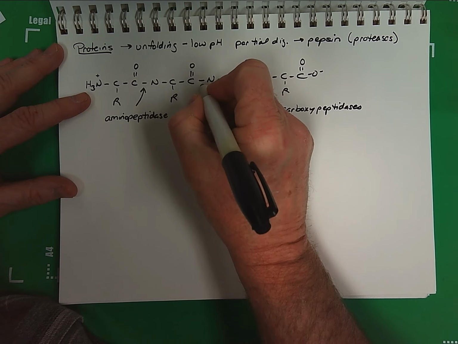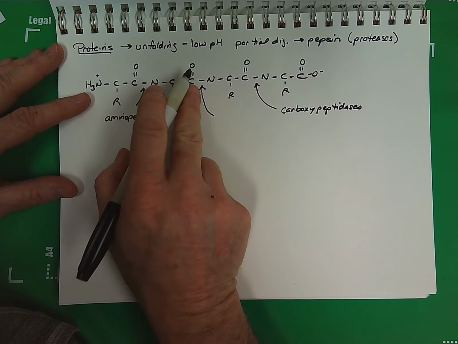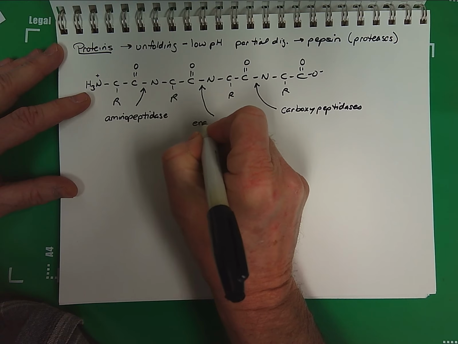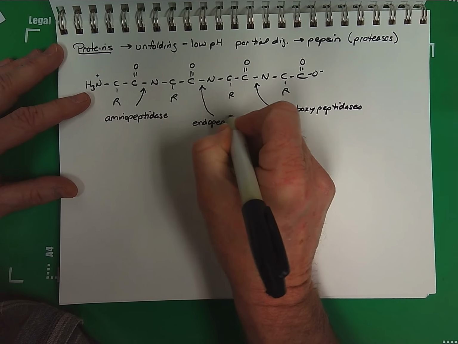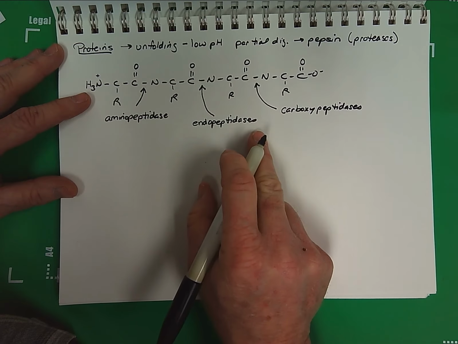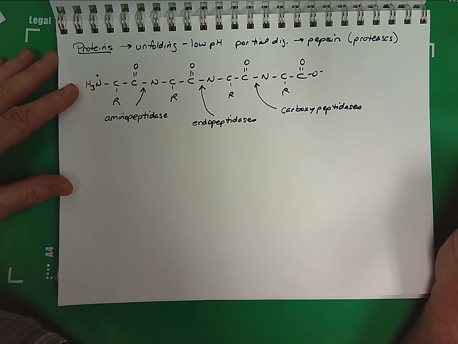And finally, we have enzymes that will cleave peptide bonds within the linear primary structure. These are called endopeptidases. The endopeptidases recognize peptide bonds within linear sequences of amino acids.